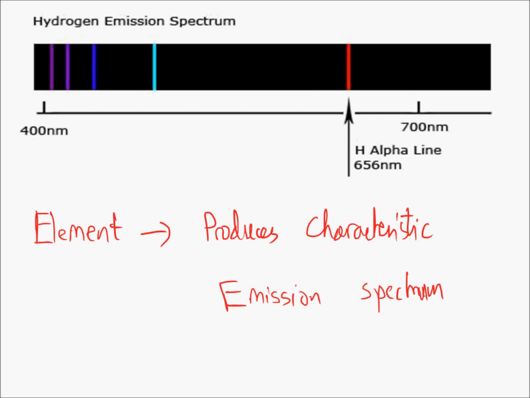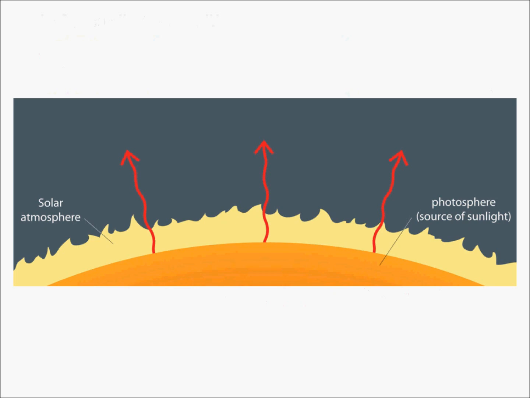How is this useful to astronomers? Well, in stars, this is sort of a picture of the surface of a star, the elements inside here are going to be producing light across loads of different wavelengths.